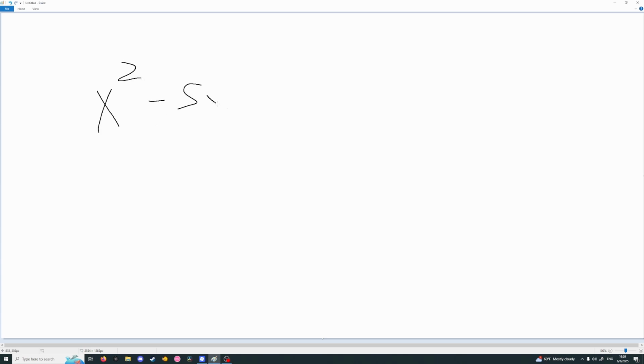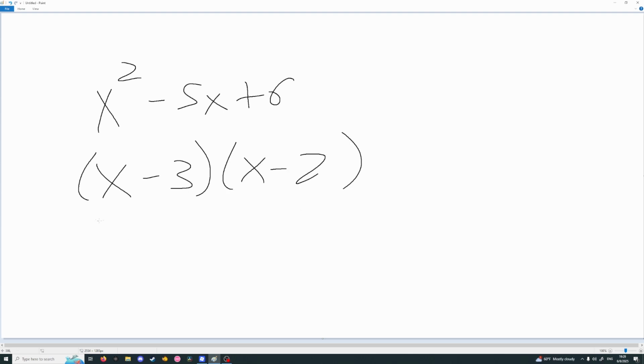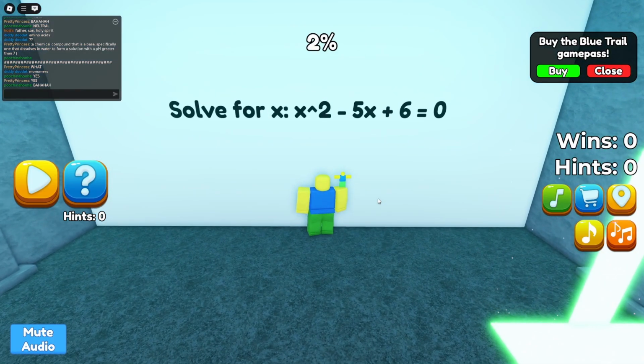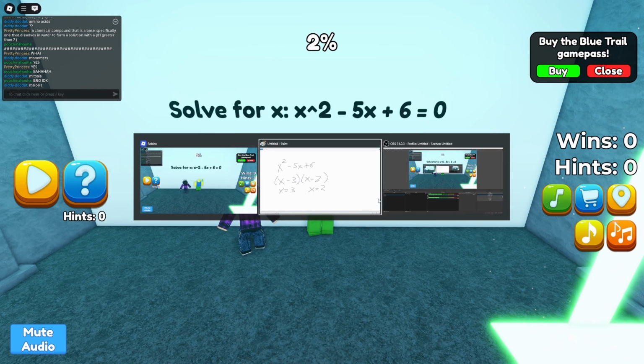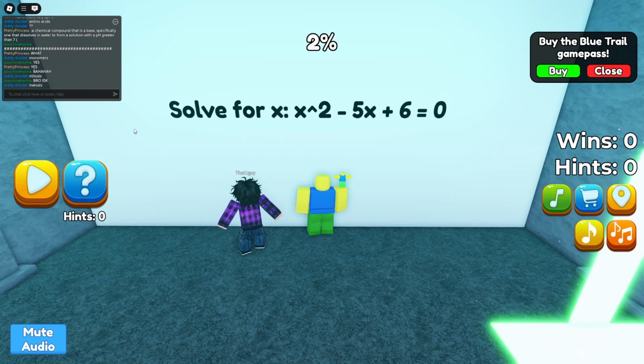This would just factor out to (x minus 3)(x minus 2). So then our solutions are x equals 3, x equals 2. Booyah. Maybe it wants me to write 2 comma 3. I forgot how I wrote it.